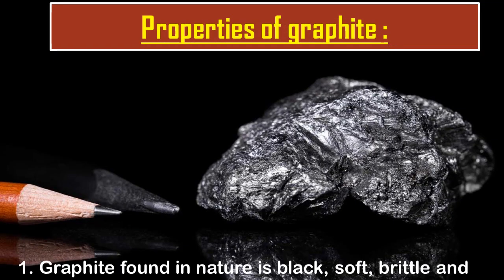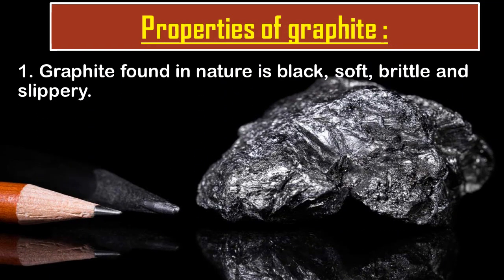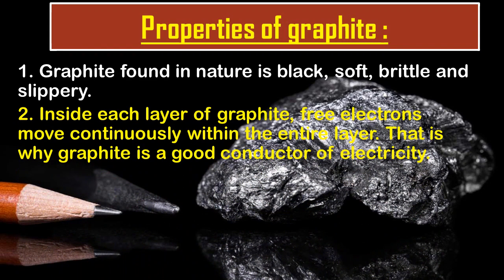Now let's study the properties of graphite. The first property is that graphite found in nature is black, soft, brittle and slippery. The color of graphite is black. It is so soft that it can easily break into pieces, and it is slippery to the touch. The second property is that inside each layer of graphite, free electrons move continuously within the entire layer, and that is why graphite is a good conductor of electricity.